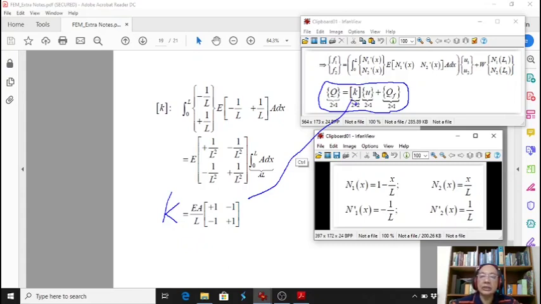But I just show you how to find this equation for the bar element only. Basically, the virtual work method can also apply to other types of element, for example triangular and rectangular elements.